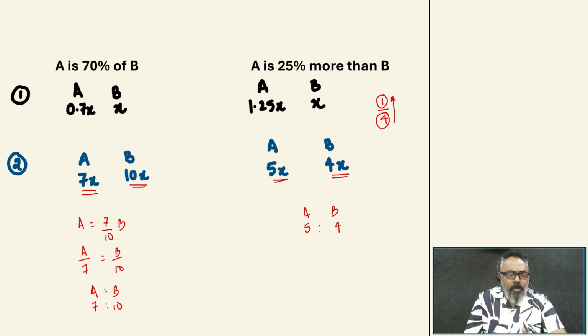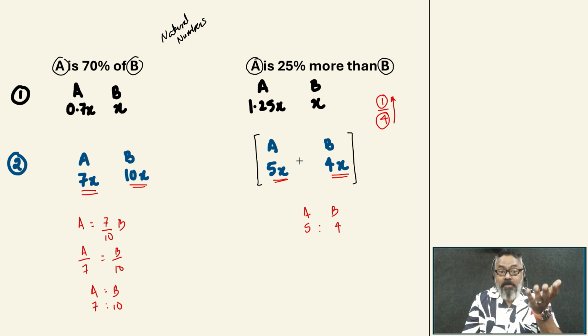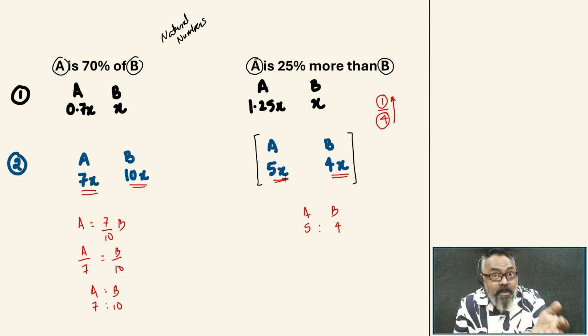Now, when you realize in a particular set that these values A and B are natural numbers, it could be number of coins, number of students, number of people. If they are natural numbers, then this has a much more, I'm saying this is much better. You know why?